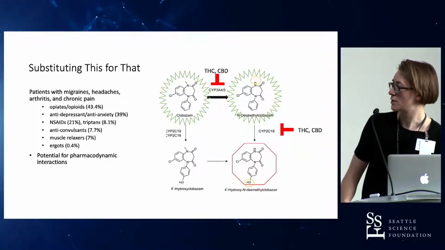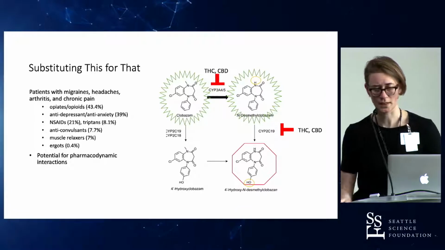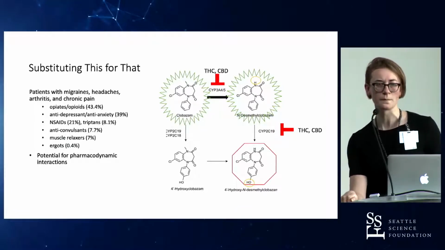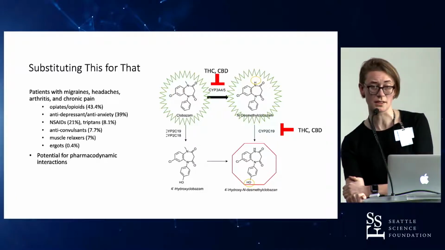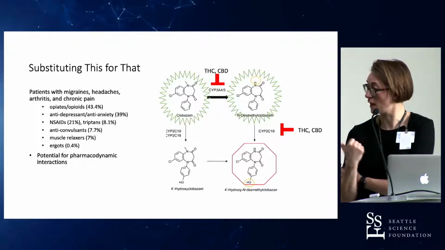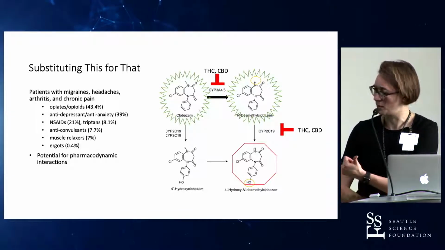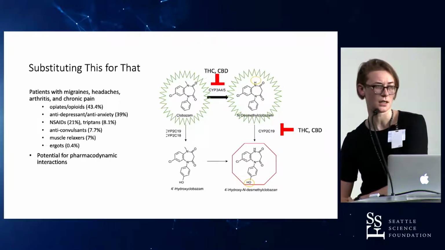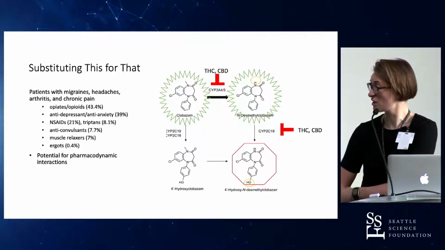THC is known to cause peripheral vasodilation, and that can lead to a reflex tachycardia. So if patients have cardiovascular diseases, you may see some pharmacodynamic effects from that. And then we talked briefly about how it can precipitate anxiety or schizophrenic conditions.